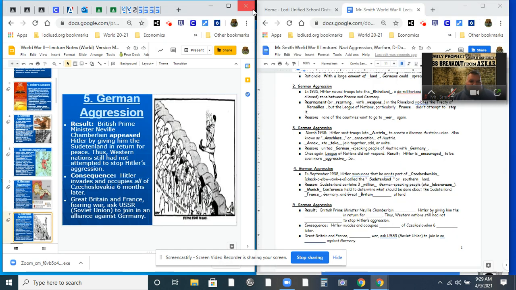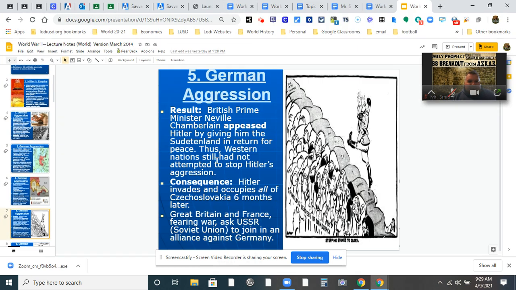So the result of German aggression and appeasement is even further German aggression. Even though Chamberlain gives Hitler the Sudetenland, the Western nations don't stop Hitler's aggression. Instead, 6 months later, he takes all of Czechoslovakia. And at that point, the West knows this guy's not going to be stopped unless we do something. And eventually, we're going to have war.